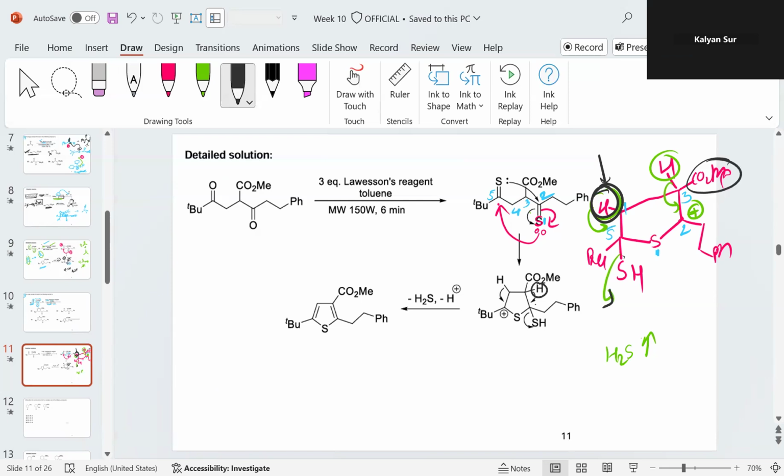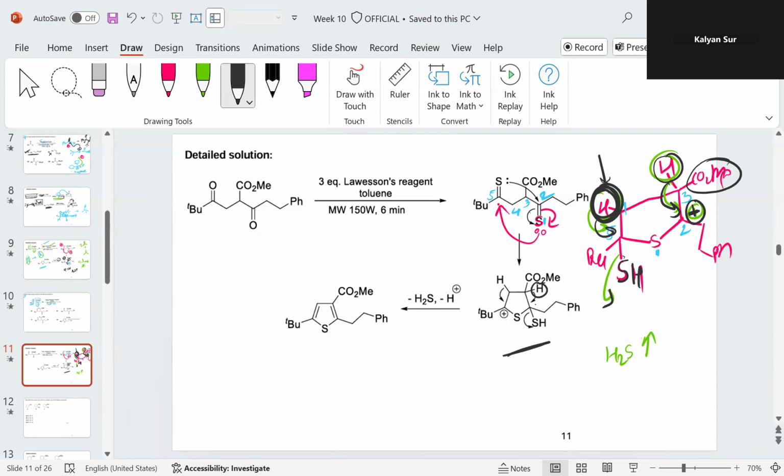But here, to remove this proton, there is obviously the positive charge at the adjacent carbon. So this proton elimination is much faster, but this other proton elimination is not that much faster. So it might be that the SH elimination is the driving force to eliminate this proton. But by both mechanisms, the final product is the same.